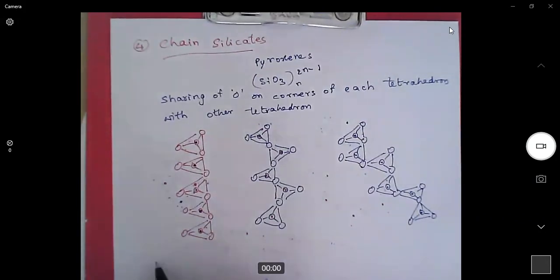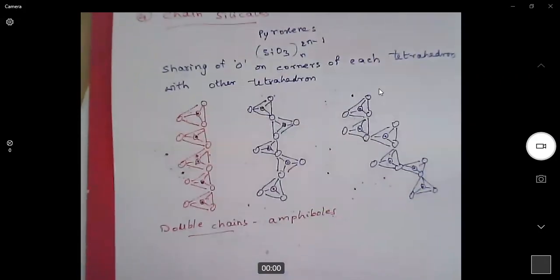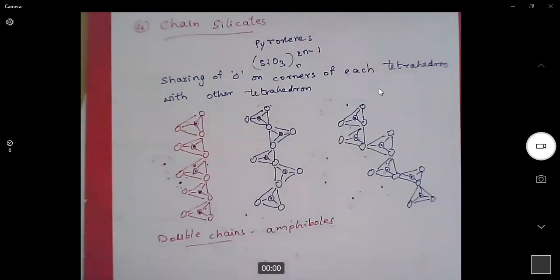There are also double chains. Double chains are called amphiboles. What are double chains? There will be two chains which are joined together.